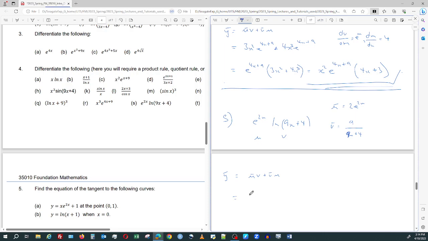So u dash is 2 e to the 2x, times v, which is the ln of 9x plus 4, plus v dash, which is 9 over 9x plus 4, and finally times u, which is e to the 2x.